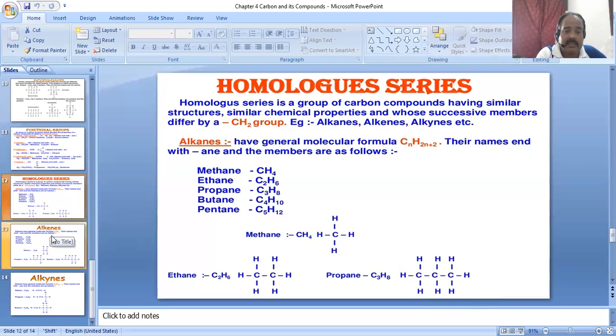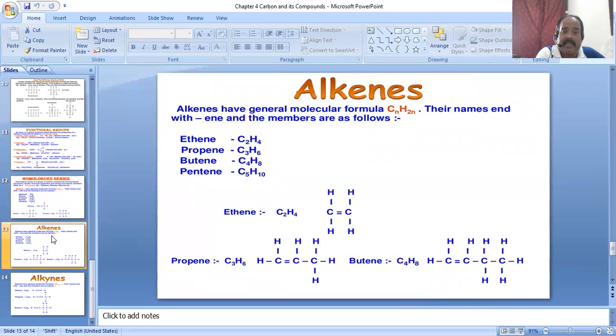Now we discuss alkenes. Alkenes have the general molecular formula CnH2n, and they are named with the suffix ene. The simple difference is that in alkanes the hydrogens fulfill the tetravalency of carbon, but here we remove two hydrogens, so the chemical formula is CnH2n.